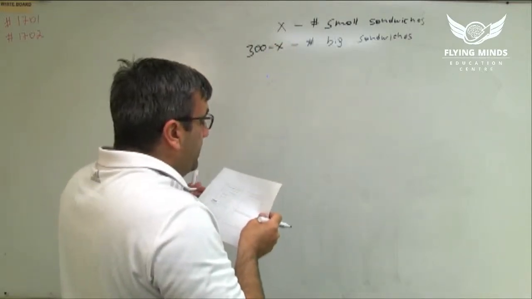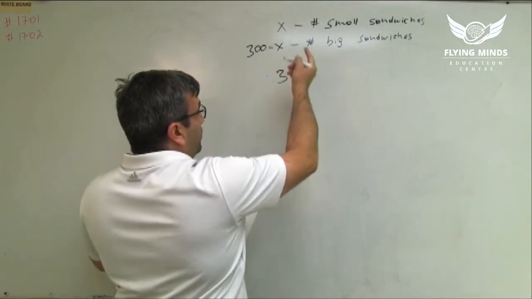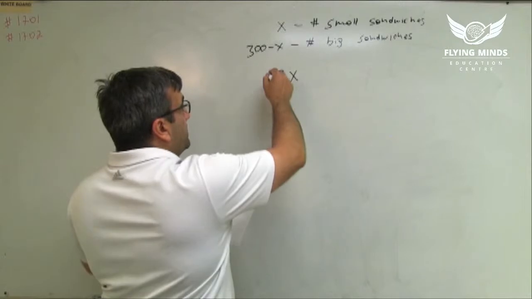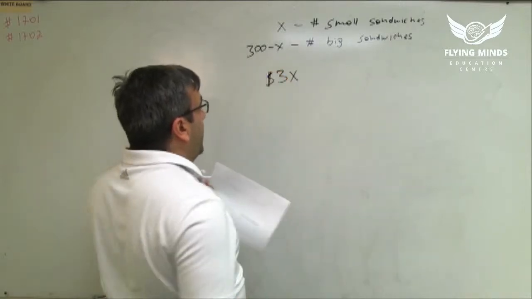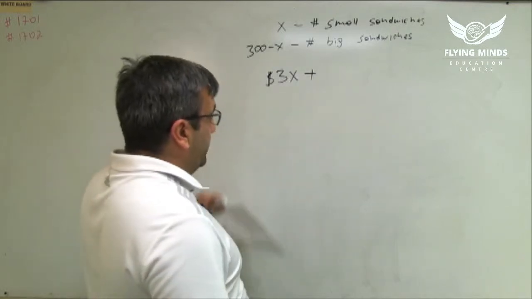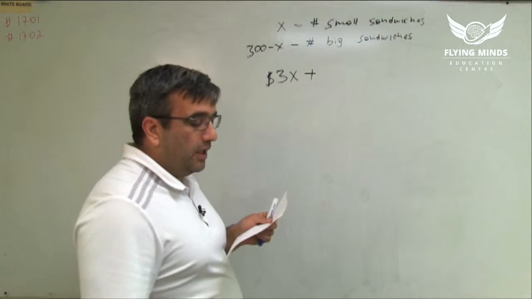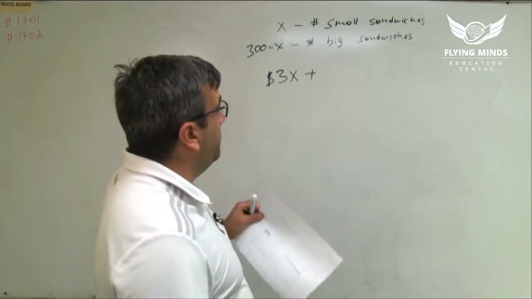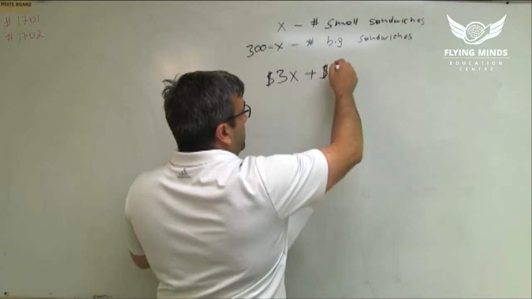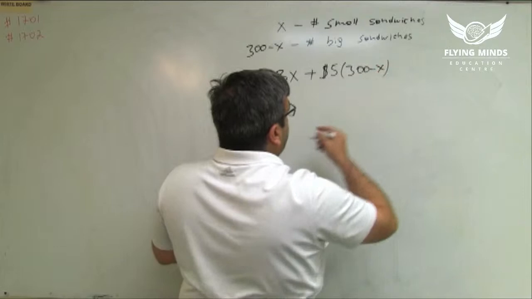Now, small sandwiches cost $3, so total revenue from small sandwiches will be 3x. The revenue from big sandwiches will be $5 times the number of big sandwiches, so it's 5 times 300 minus x.